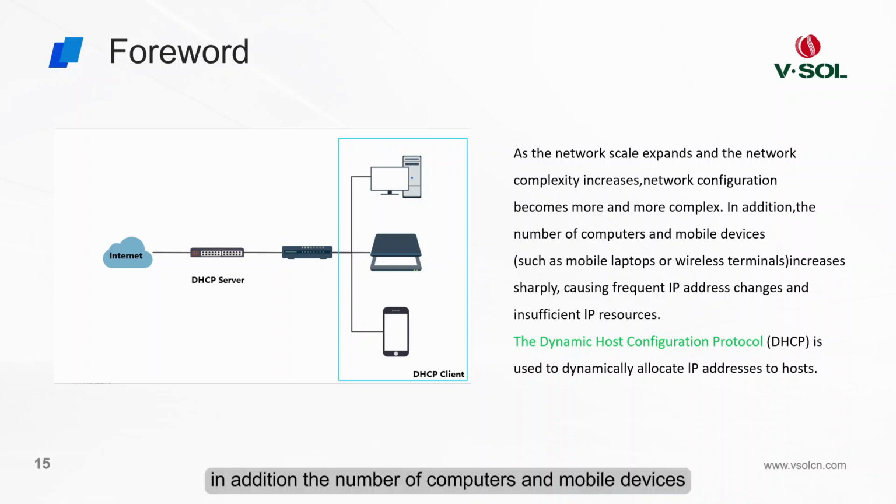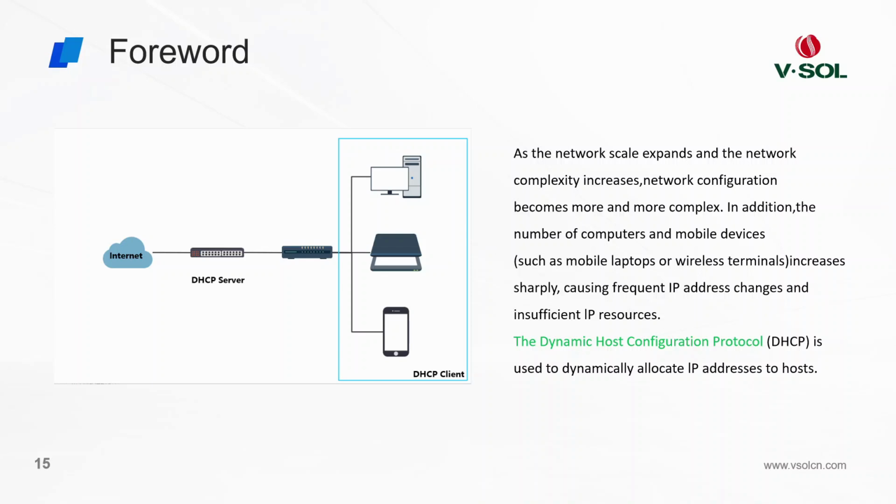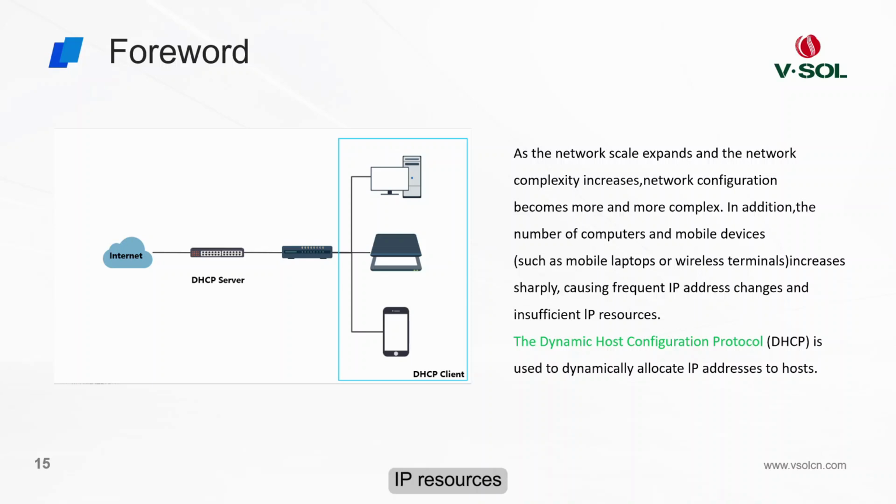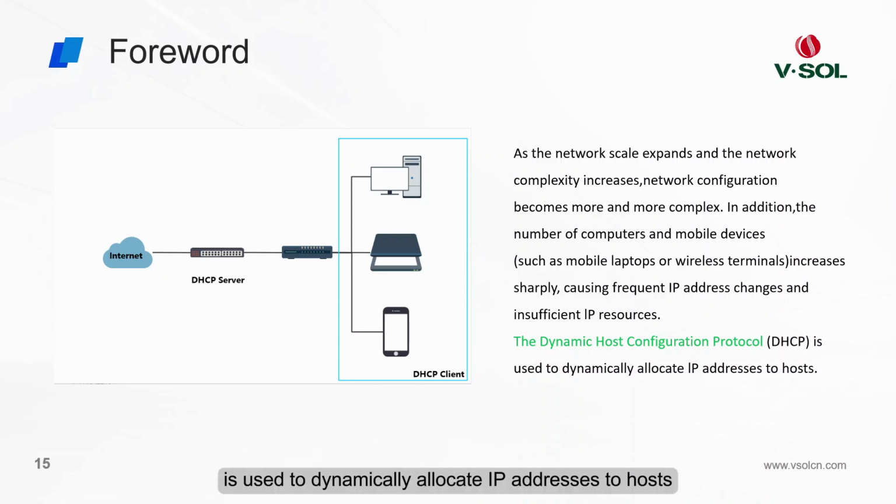In addition, the number of computers and mobile devices, such as laptops or wireless terminals, increases sharply, causing frequent IP address changes and insufficient IP resources. The Dynamic Host Configuration Protocol, DHCP, is used to dynamically allocate IP addresses to hosts.